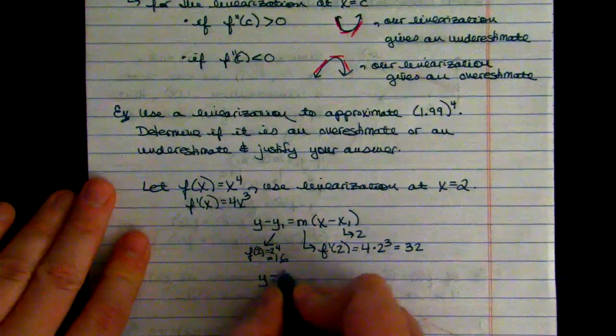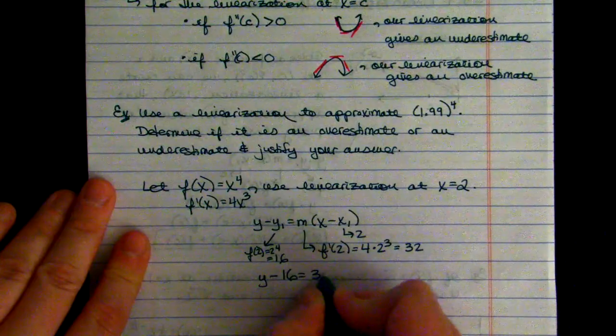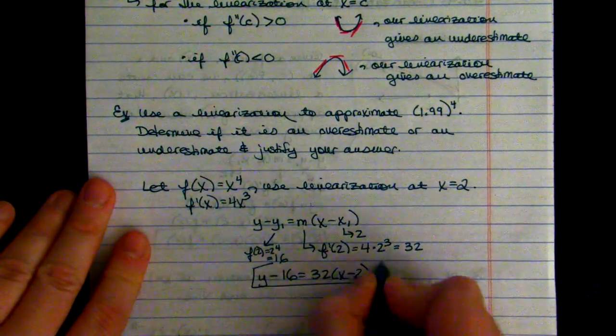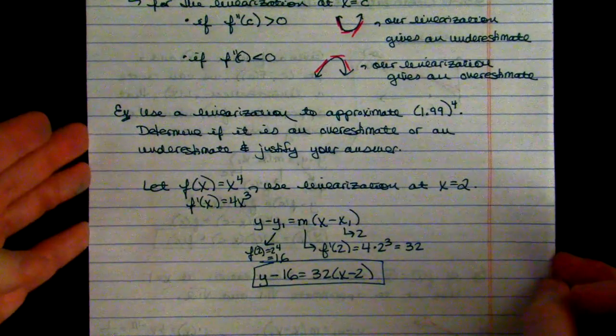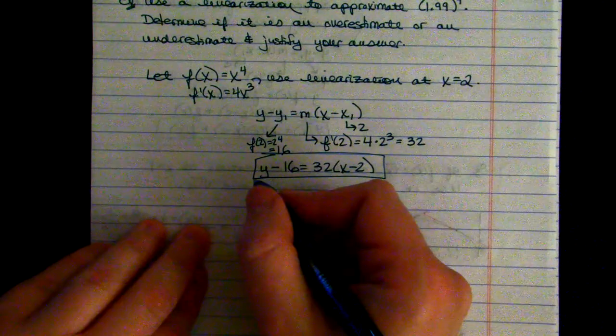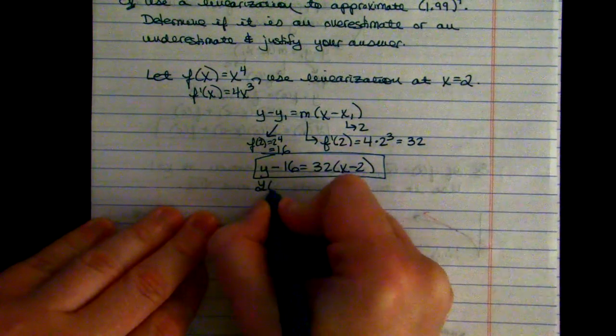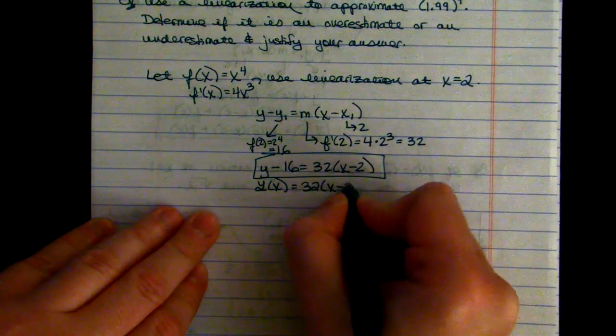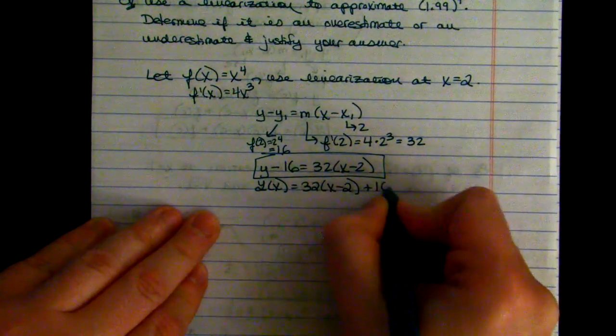So the tangent line should be y minus 16 equals 32 times x minus 2. I'm going to turn this tangent line into a linearization by adding 16, replacing the y with an L of x. So L of x equals 32 times x minus 2 plus 16.